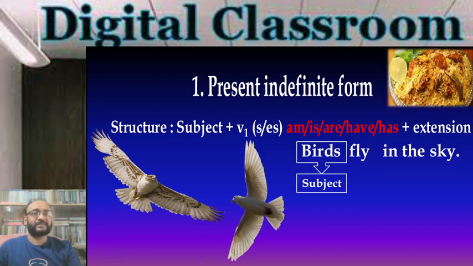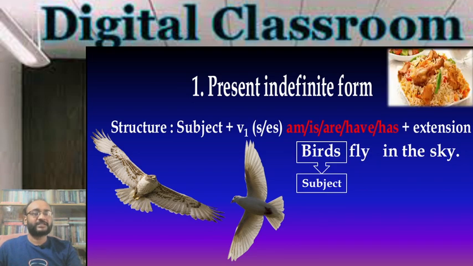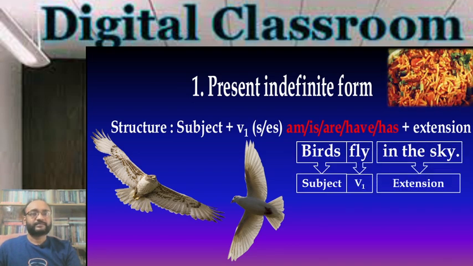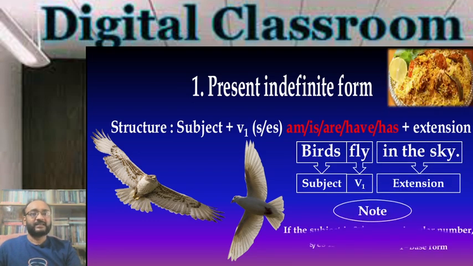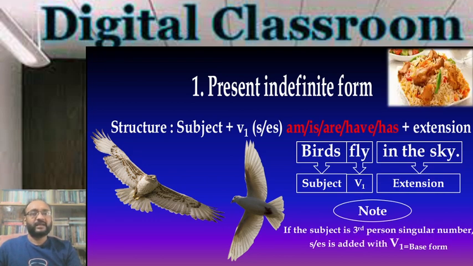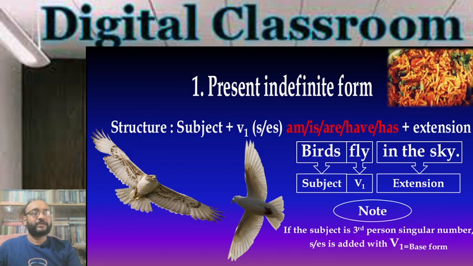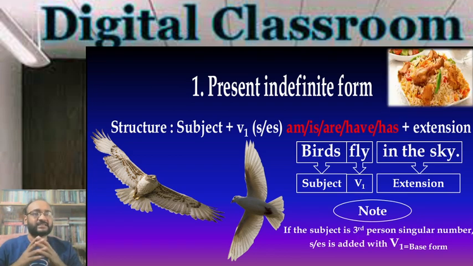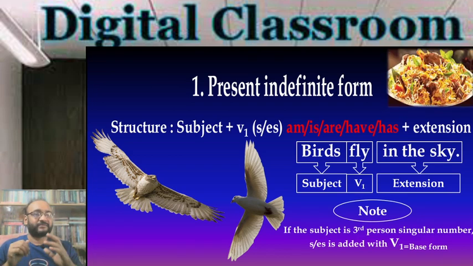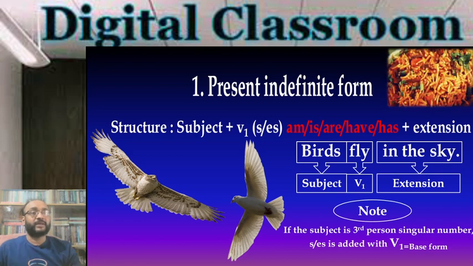Birds is plural, for this reason, fly. Okay, so you have to remember, if the subject is third person singular number, you have to use s/es after the verb, but the verb will be in base form, that means present form.